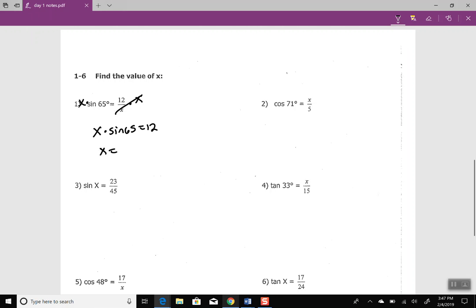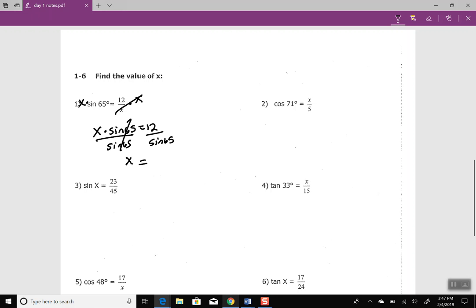So x would equal 12. I would divide both sides by sine of 65. I'll write it out step by step. So divide both sides by sine of 65. These cancel. Anything over itself is 1.